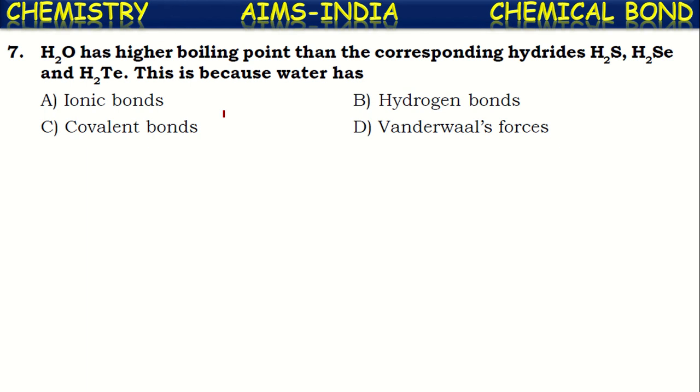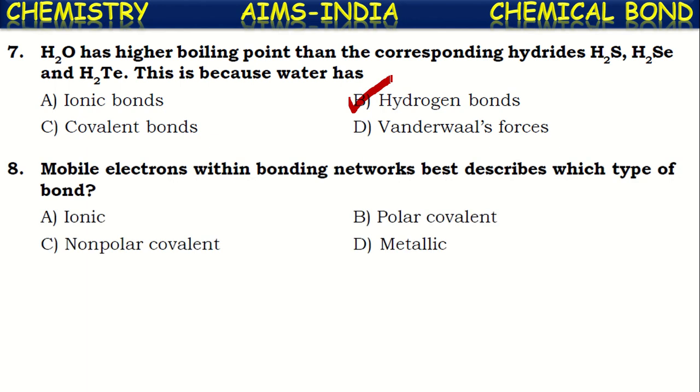We have studied what is meant by hydrogen bond: the electrostatic force of attraction between the electropositive hydrogen atom of one molecule and the electronegative atom of another molecule. Because of this hydrogen bonding, water has a greater boiling point than expected.